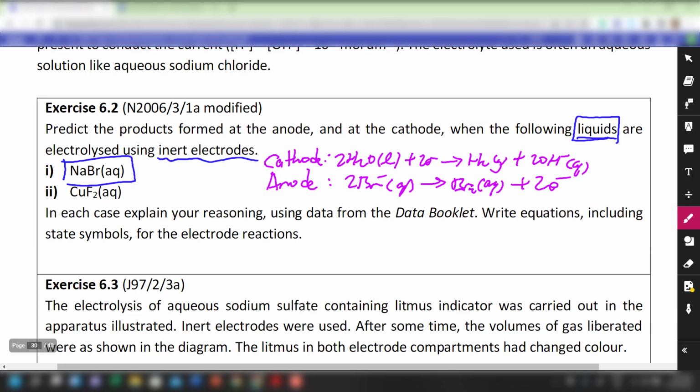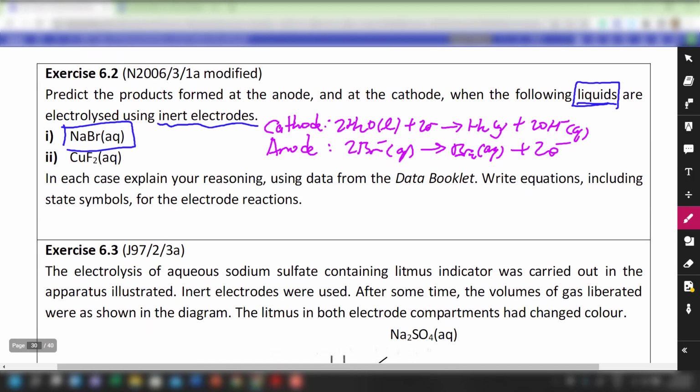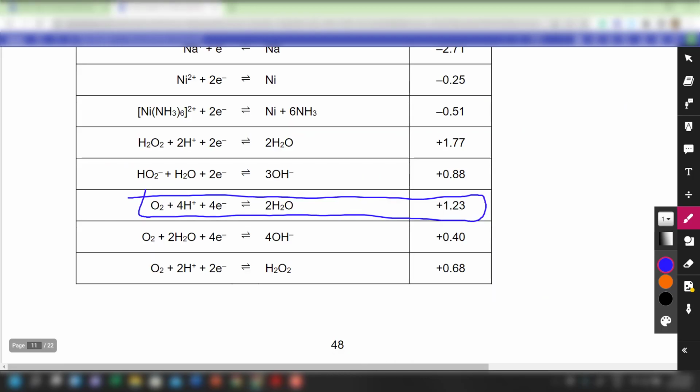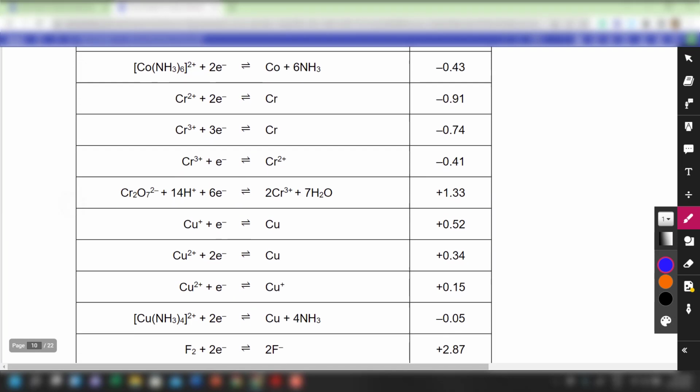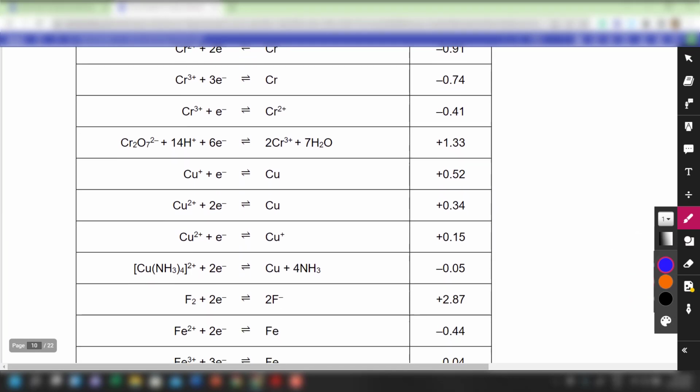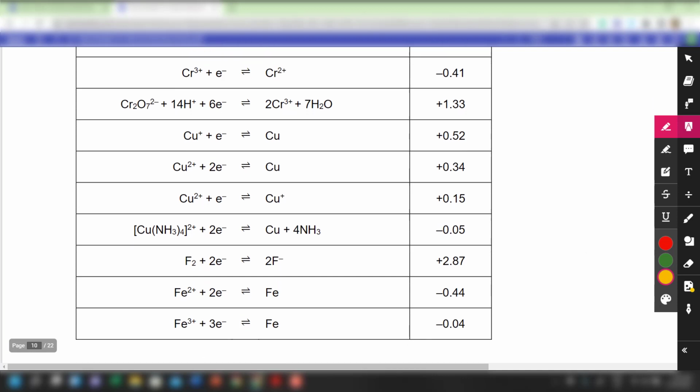Next we'll look at aqueous copper(II) fluoride. We are going to go through the same thought process. For copper(II) fluoride, we look at this particular half cell, copper(II)-copper, which is 0.34 volts.